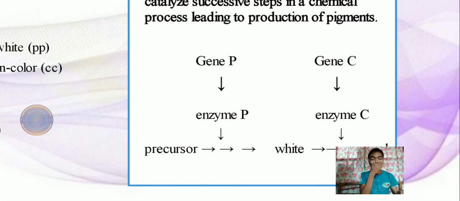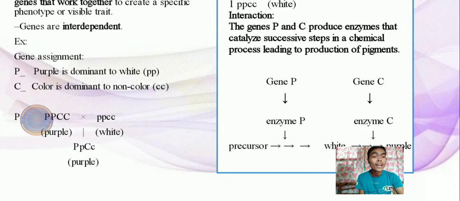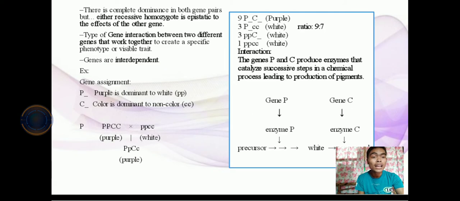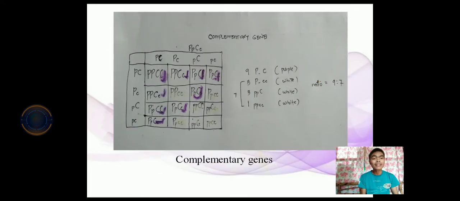Halimbawa, the gene P nagpo-produce ng enzyme P and the gene C nagpo-produce ng enzyme C. Now, the precursor there produces white color and purple color naman yung pinoproduce ng gene C. Kaya yung white, nabibigyan ng ibang chemical pigments ng gene C or ng enzyme C, kaya nagiging purple yung kulay. There is a complementary result.